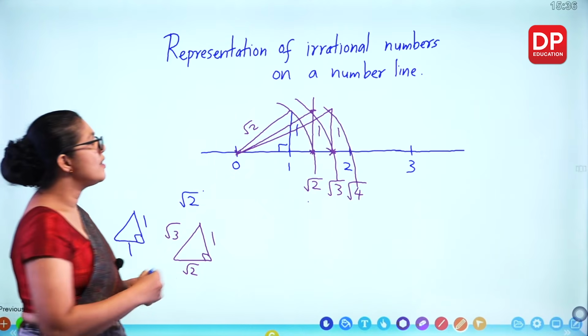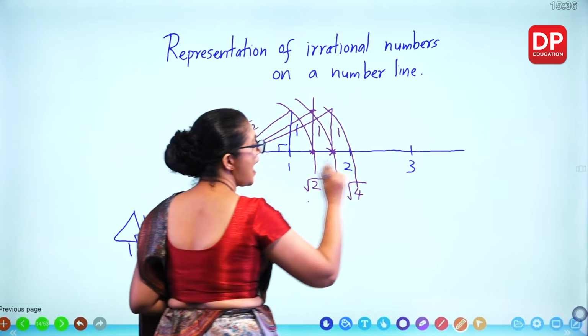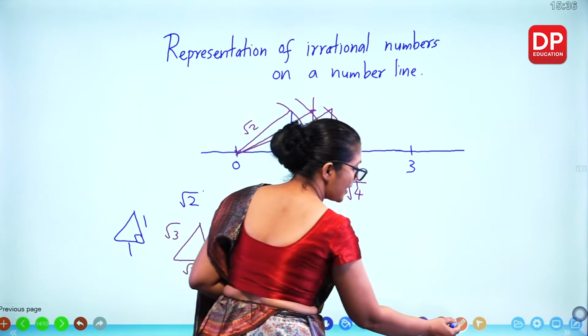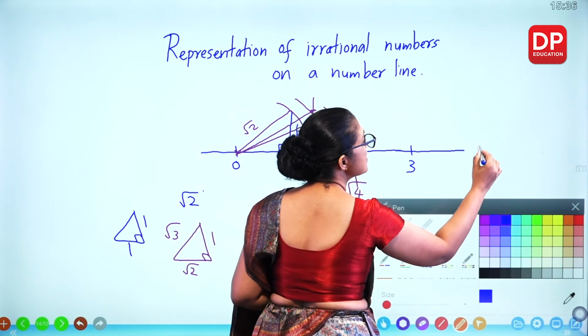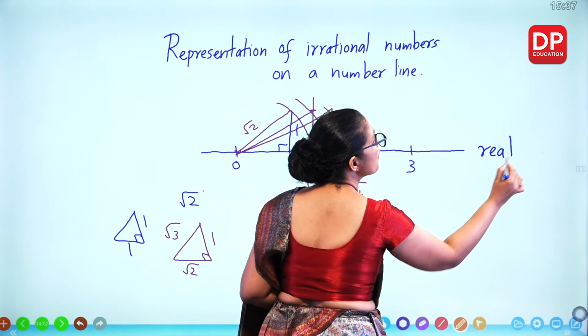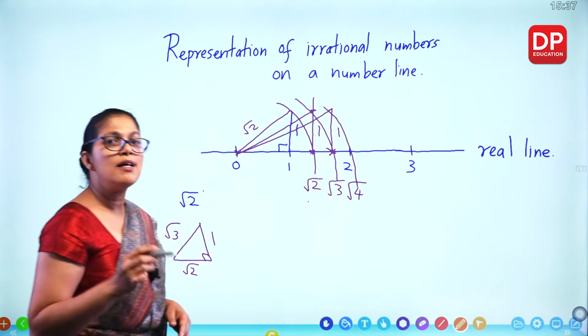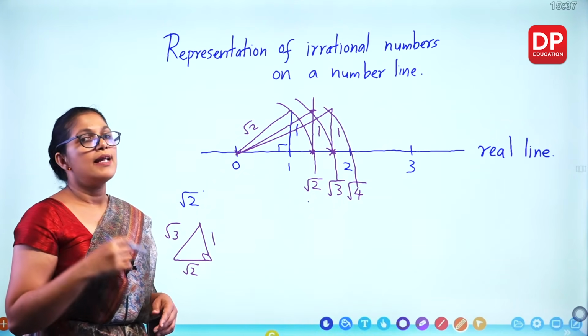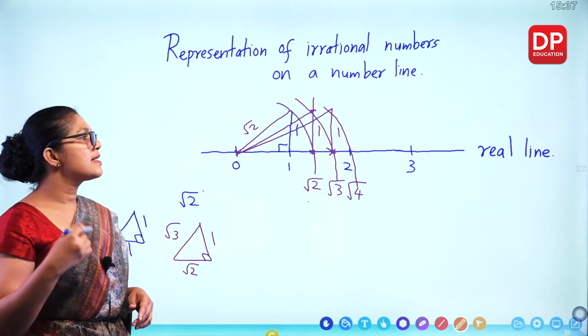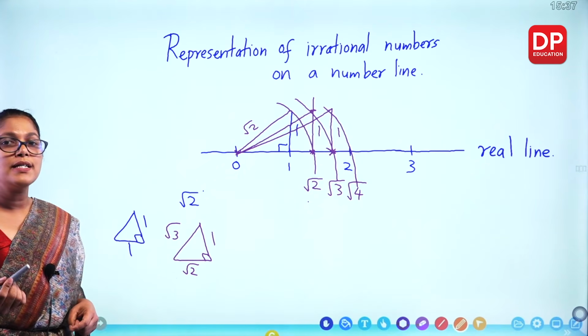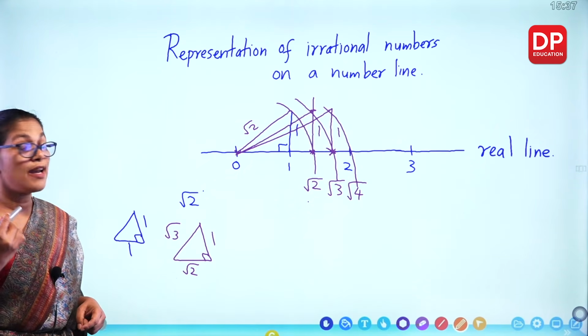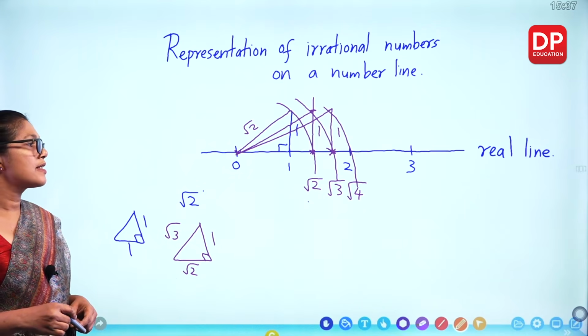So we call this line the real line. Real line means we can show any real number on the number line: fractions, decimals, whole numbers, integers, and also irrational numbers.